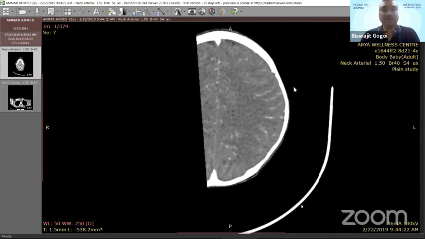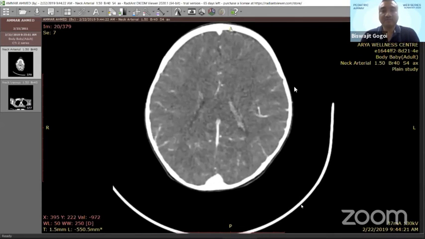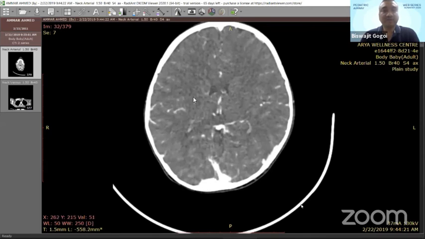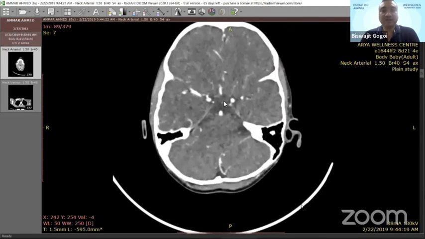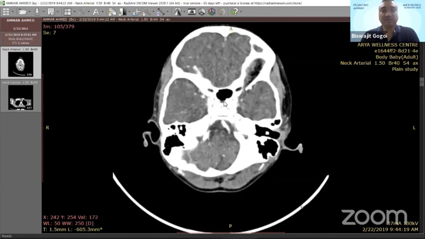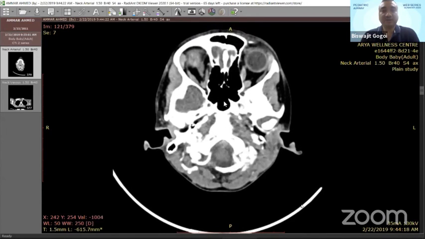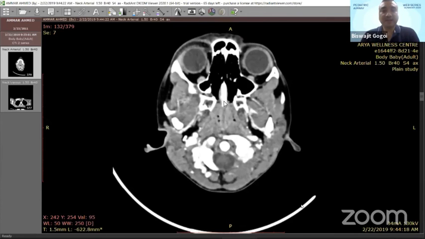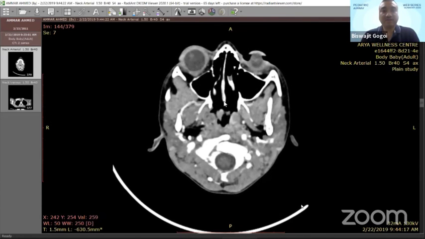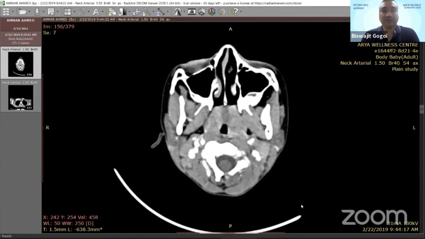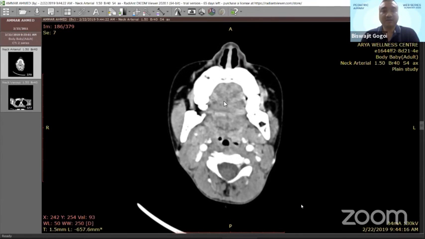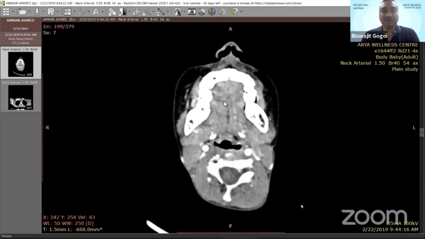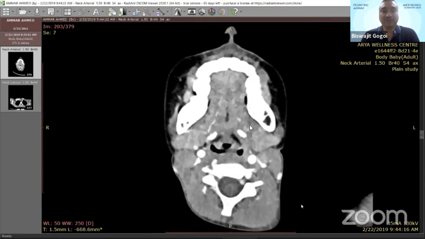This is DICOM software. Basically, it's very important to see the brain of the child also, as there may be any neurological deficit. If you go down, down, down, then you can appreciate the PNS area, and going down, then the VFS.